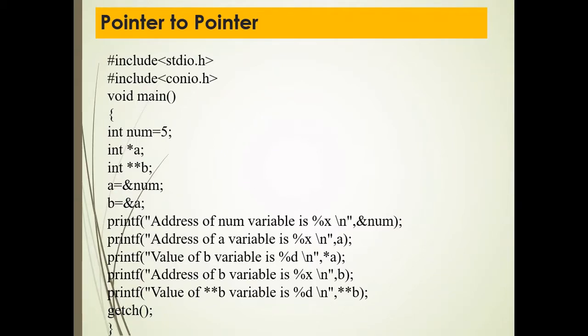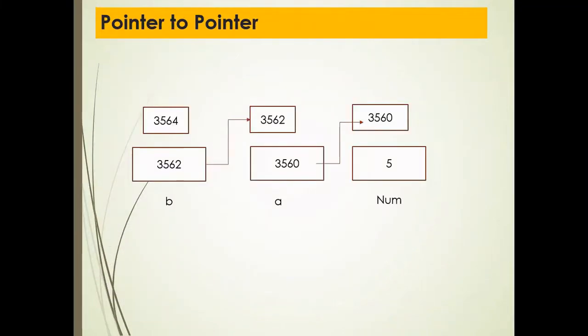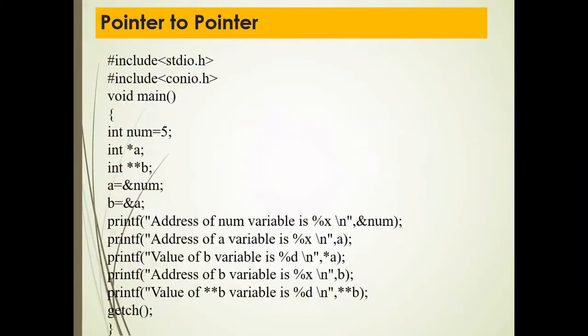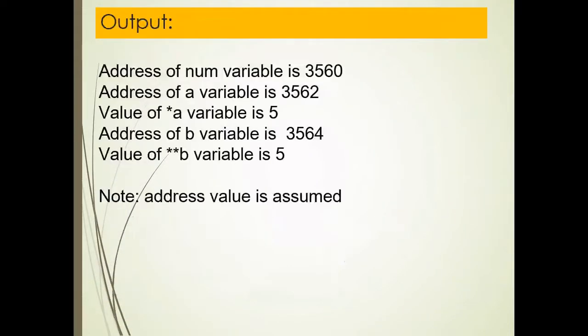And the address of b variable is &b, whatever address b has, that is 3564, it will print 3564. And the last statement is the value of double asterisk b. What does it mean? a contains the address of num, b contains the address of a. So double asterisk b means it will also print 5.